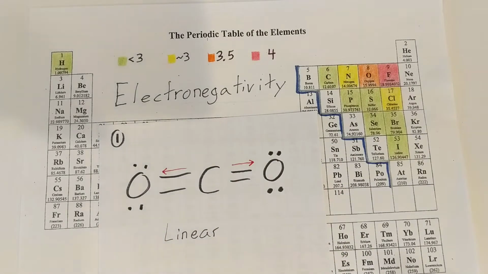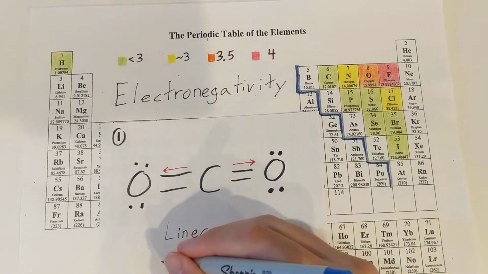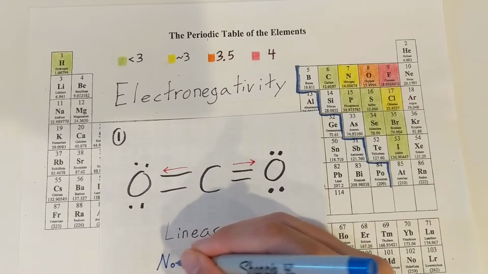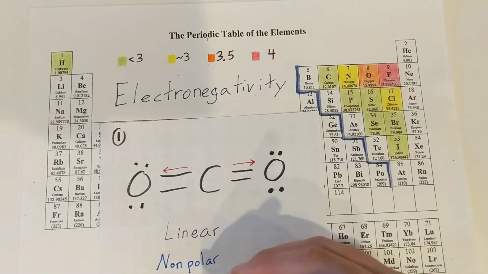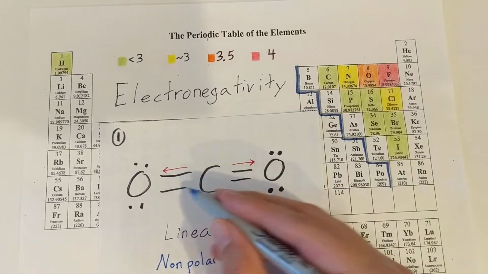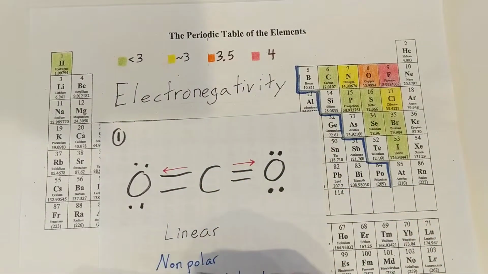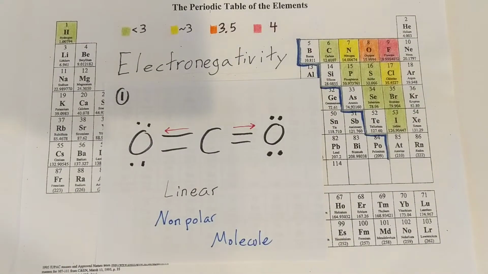However, if you take a look at that, they are drawing exactly opposite directions. They're going to cancel out. And this would be a non-polar molecule. So even though it's got 2 different polar bonds in it, overall they cancel out and it is a non-polar molecule.